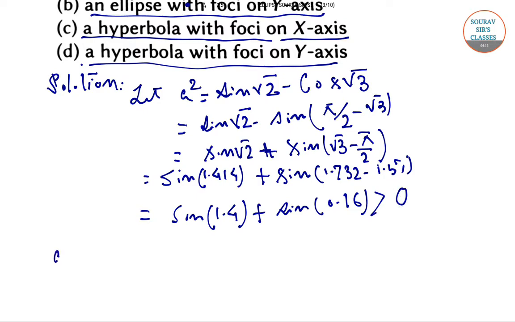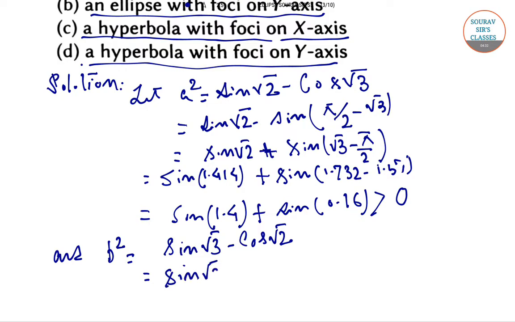And let b square be equal to sine root 3 minus cos root 2. So this becomes sine root 3 minus sine of pi by 2 minus root 2.